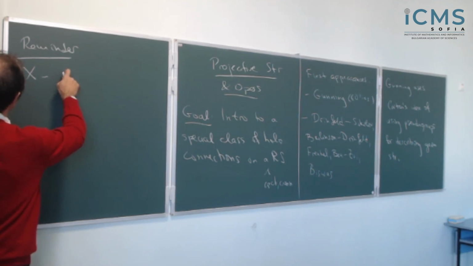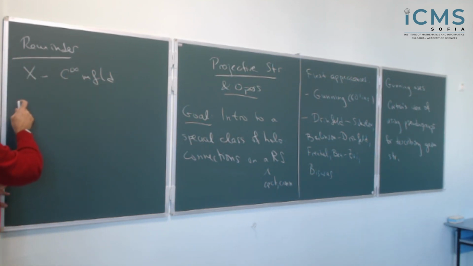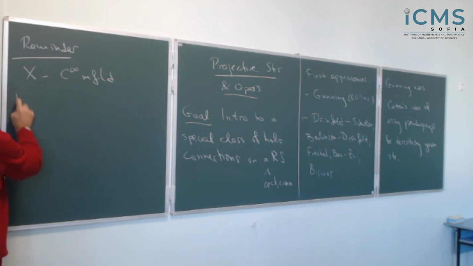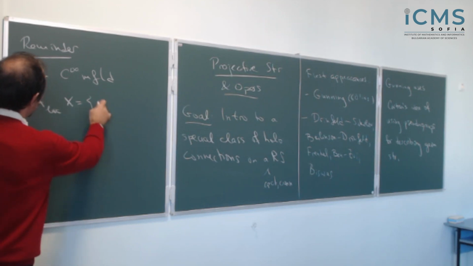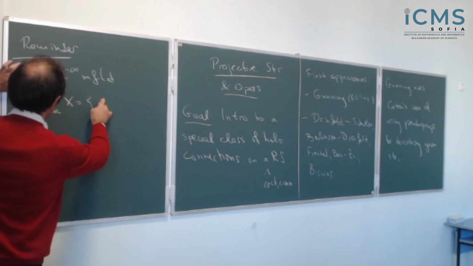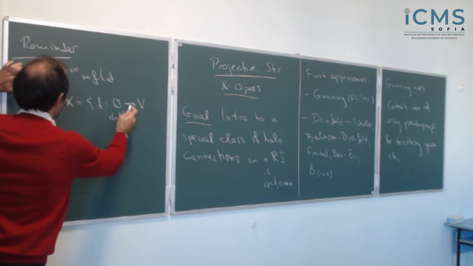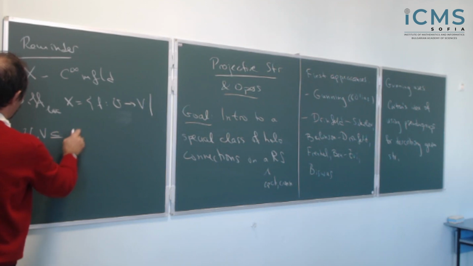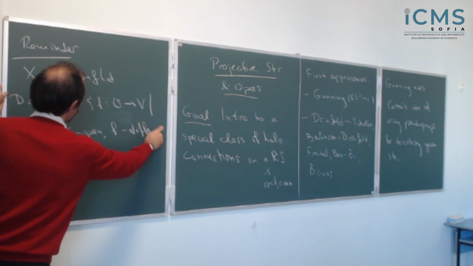So let's say this is a smooth manifold, and you consider locally defined diffeomorphisms. So let's say Diff_loc(X) would be just diffeomorphisms that are defined on opens of X. These are maps f from U to V such that U and V in X are open, and f is a diffeomorphism.